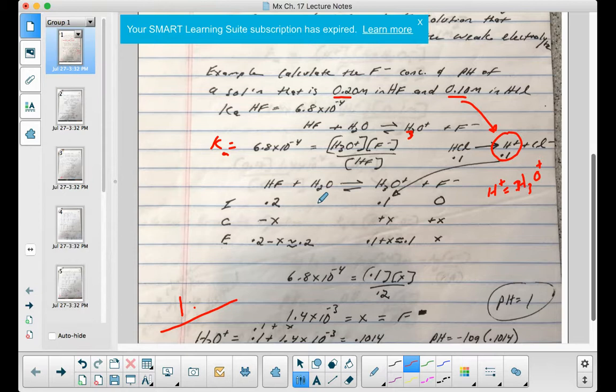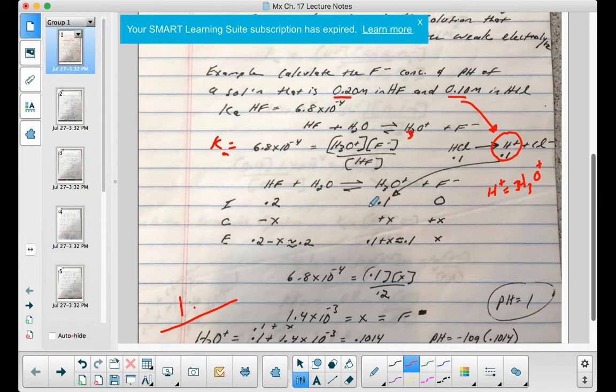Okay, so now I have my ICE table set up. And so what I know is that because of the ionization that the weak acid is going to undergo, this side is going to go up by 1x. This is also going to go up by 1x. But I essentially have a good amount of that hydronium ion here. So 0.1 plus x essentially is going to equal 0.1. I don't really know what that x is, but I'm going to find out.